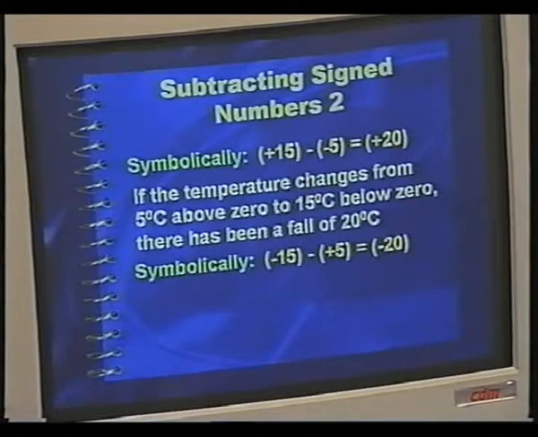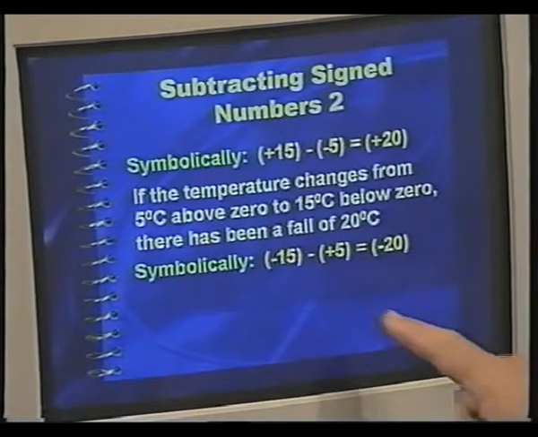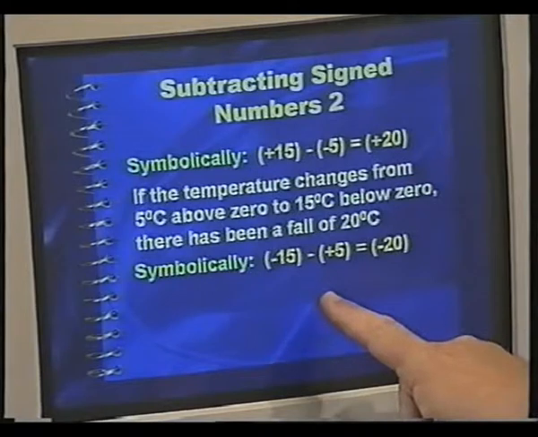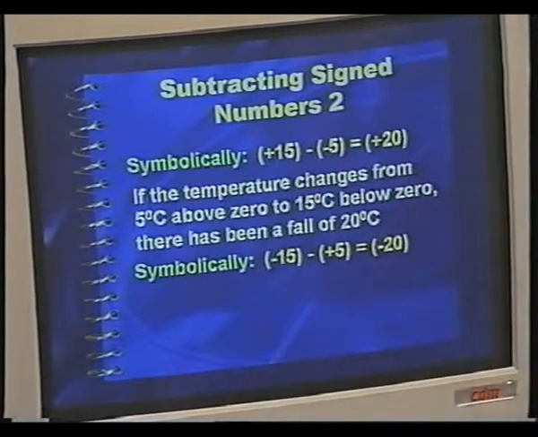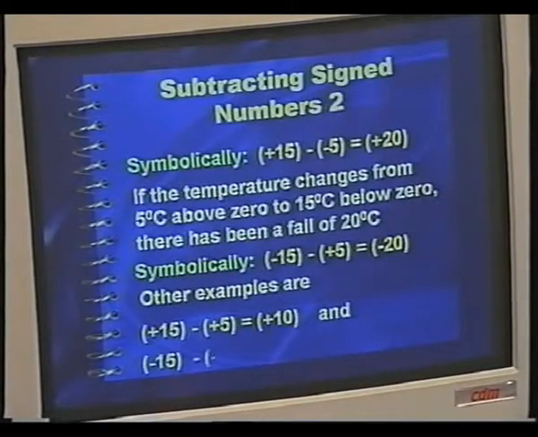I would write that symbolically as negative 15, but it was originally positive 5, so I take that away from the negative 15 and find a negative 20. We see some other examples there on the screen, and from that you can actually develop a rule.